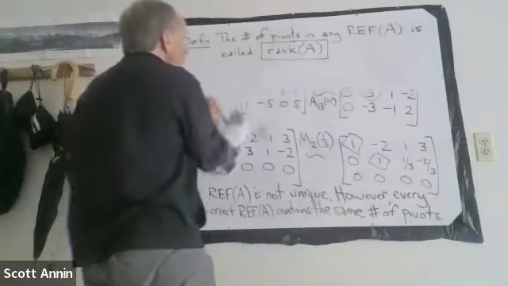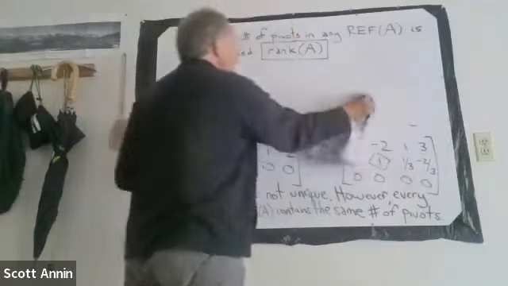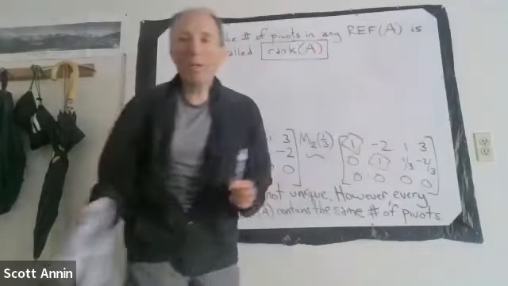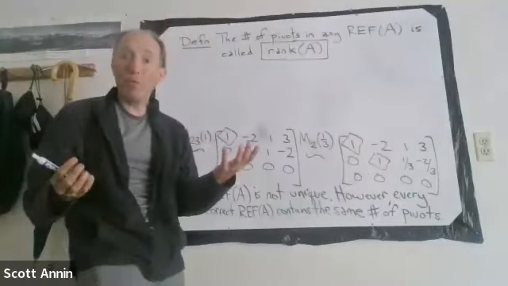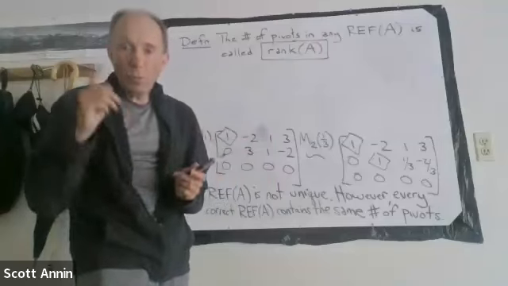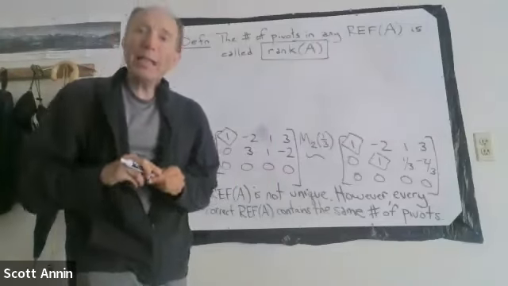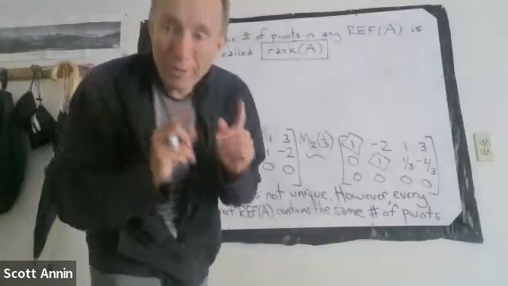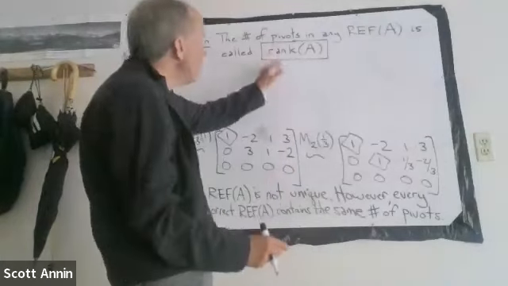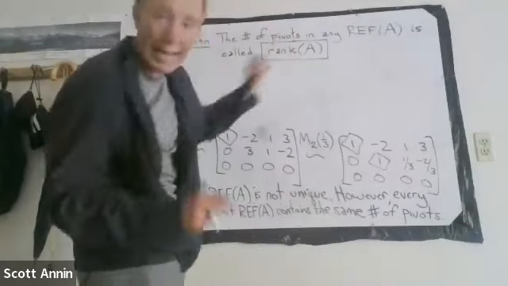So if you come up with a row echelon form and you check it with a friend and they have a row echelon form that's different than yours, the one thing you do know is that they had better have the same number of pivots. They better have the same rank, okay?